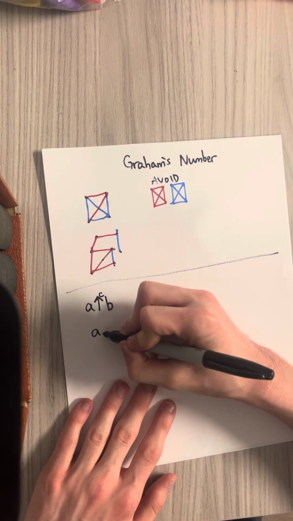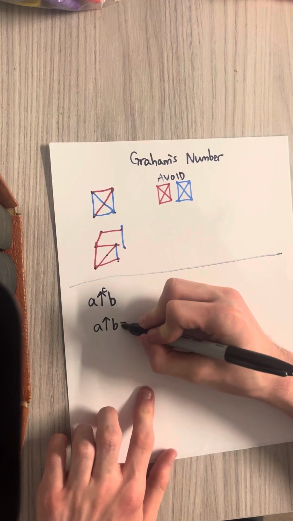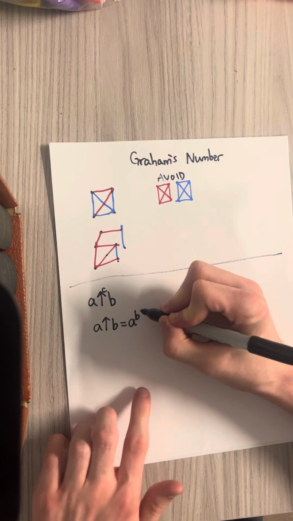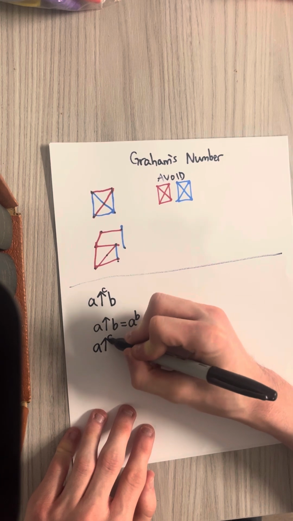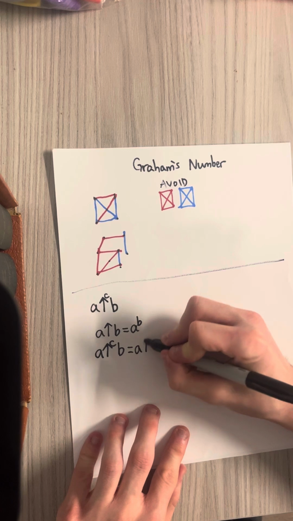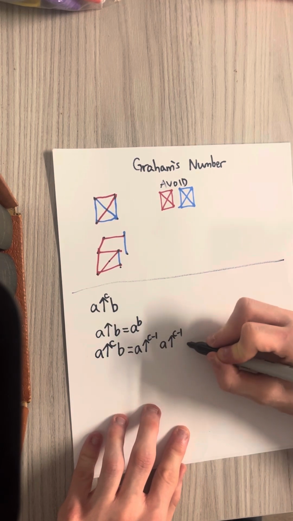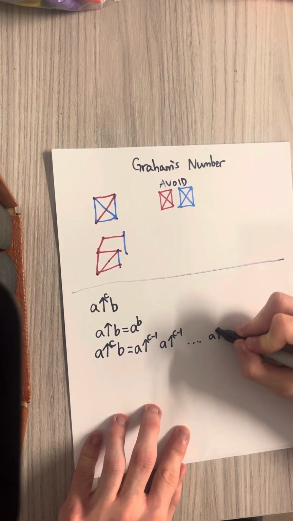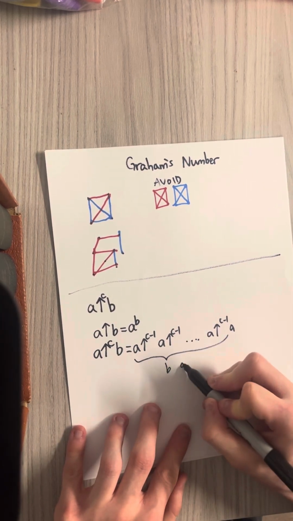And the rules are, if you have a single arrow, A single arrow B, that's just the same as A to the power B. And if you have more than one arrow, A C arrows B, that's the same as repeated operations of A with C minus 1 arrows of A, where you have B A's.